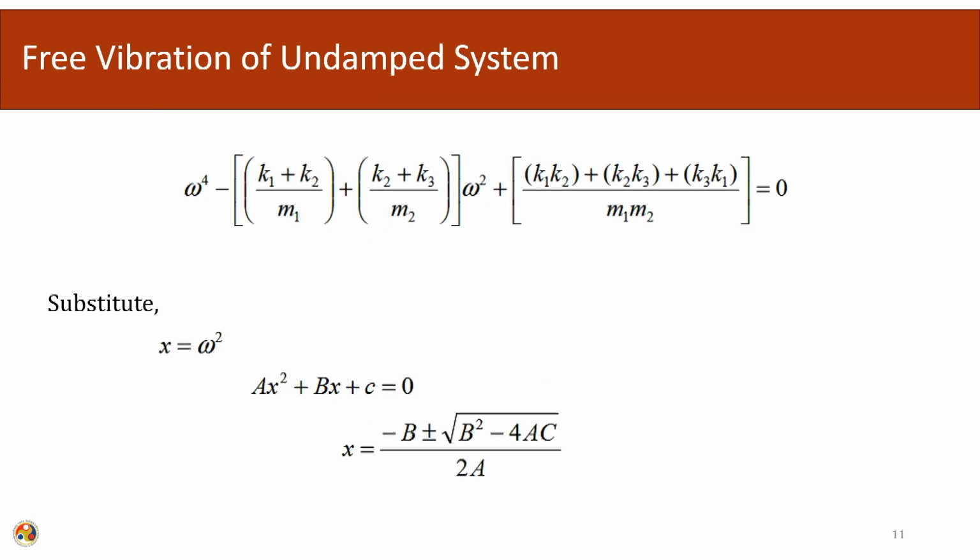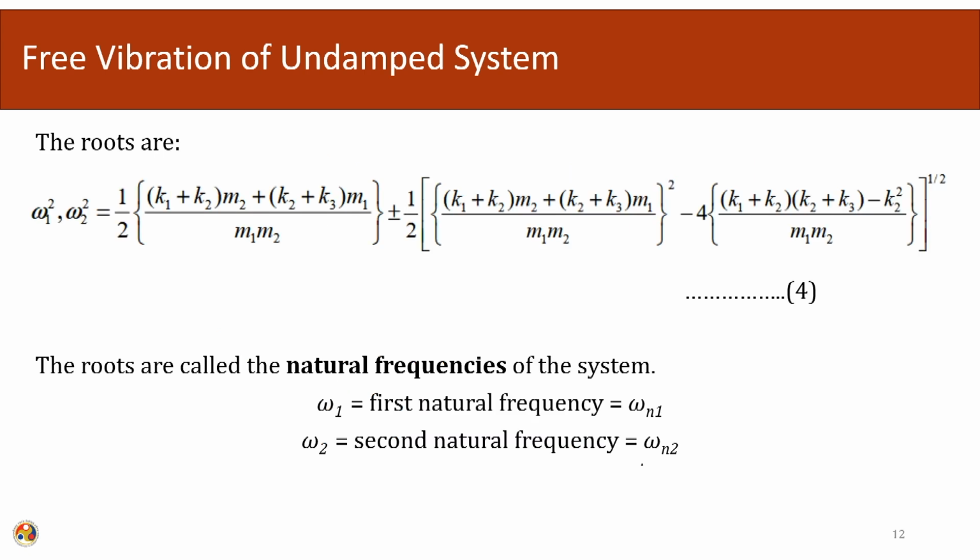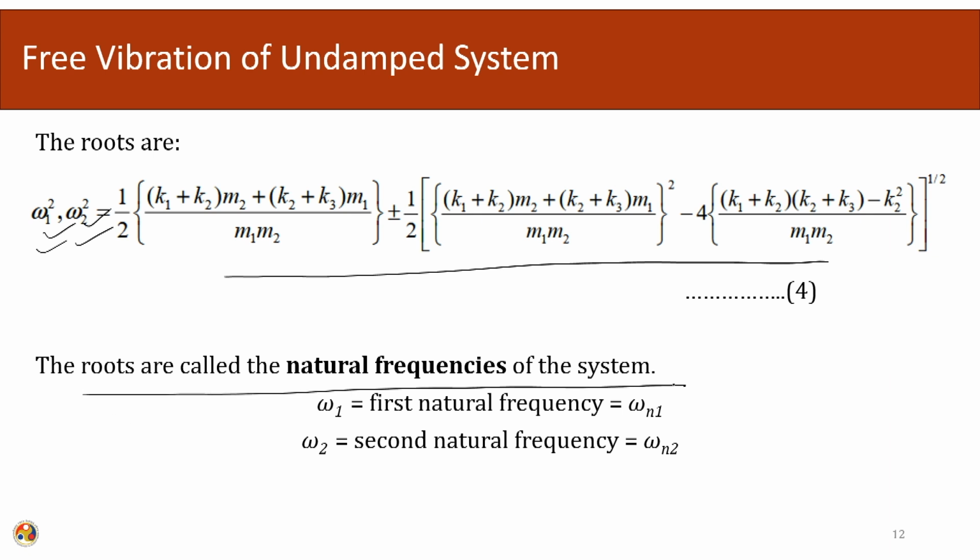So, solving for this, we got the solution for omega, and the roots of this equation are given by this equation. So, these omegas are called the natural frequencies of the system.